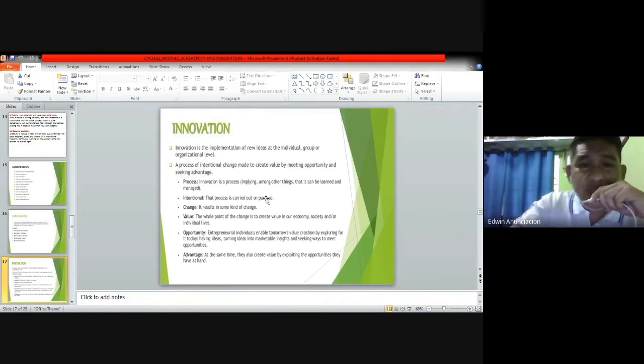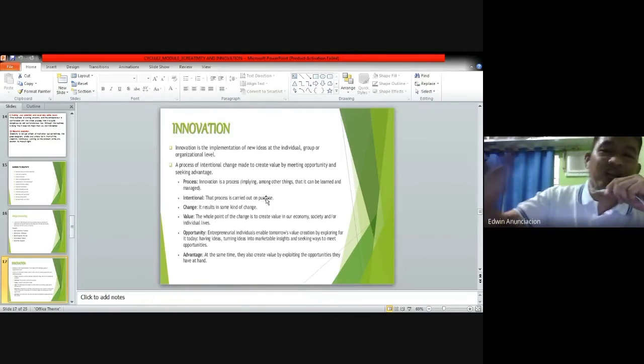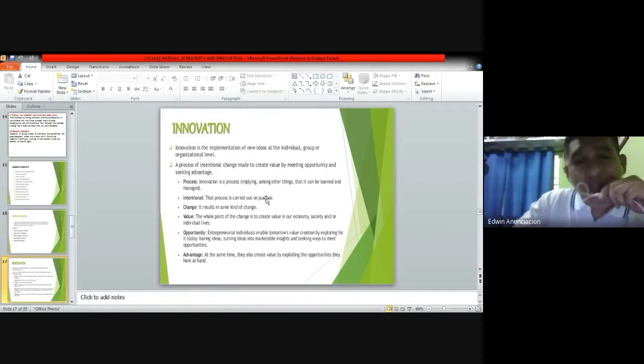Innovation is a process implying, among other things, that it can be learned and managed. So, siyempre po, dahil nga trial and error yan, para lang po tayong nagluluto dyan. So, in the process, nagkamali man tayo, nako-korek natin to the next hanggang maging perfect. And then, intentional. That process is carried out on purpose.